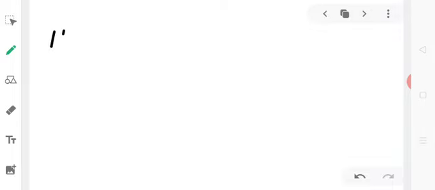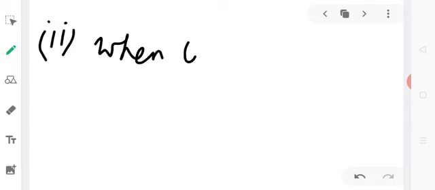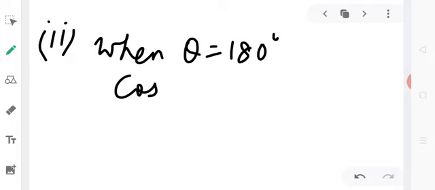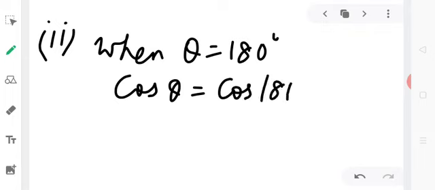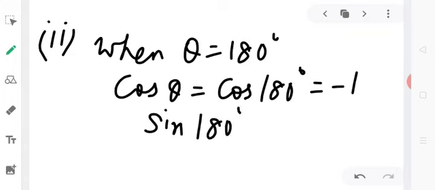Let us come to the second condition. When the two vectors are acting in opposite directions, then theta is equal to 180 degree. For theta equal to 180 degree, cos theta, that is cos of 180 degree, is equal to minus 1, and sine of 180 degree is equal to 0.